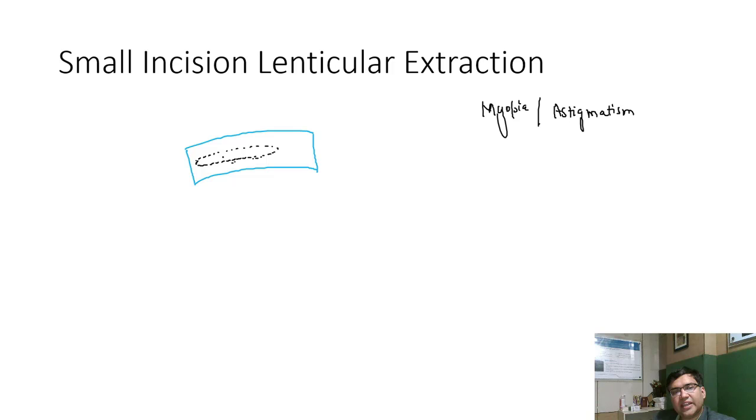A part of the cornea we separate with the help of the femtolaser, the same laser which we use in the eye LASIK, and then from outside I remove this lenticule. This is called small incision lenticular extraction, or I also call it smile surgery.